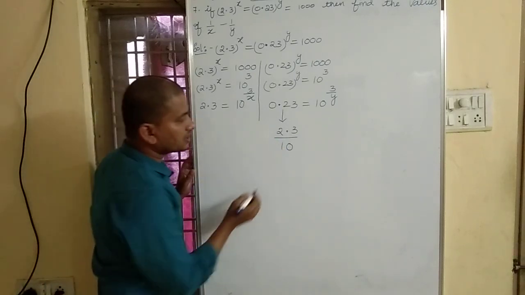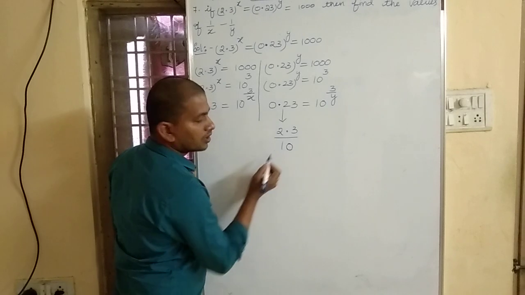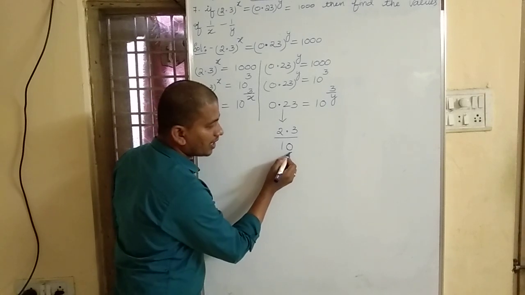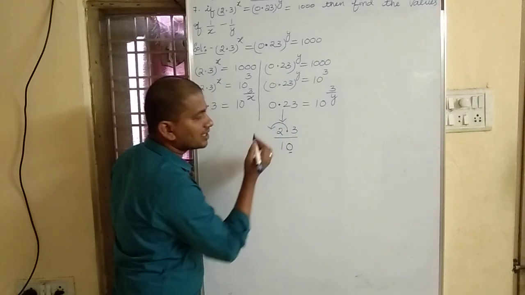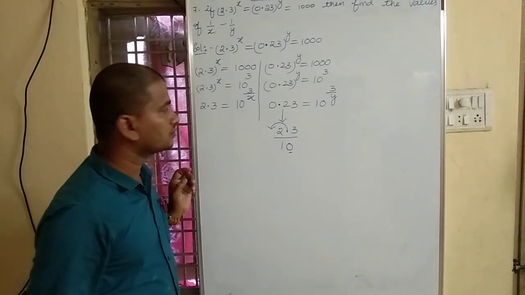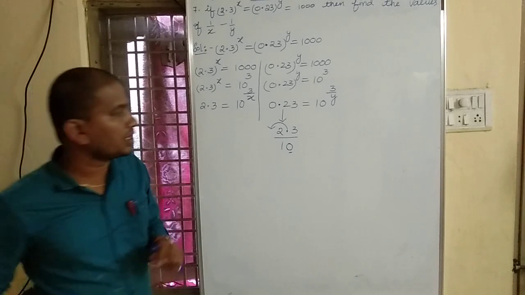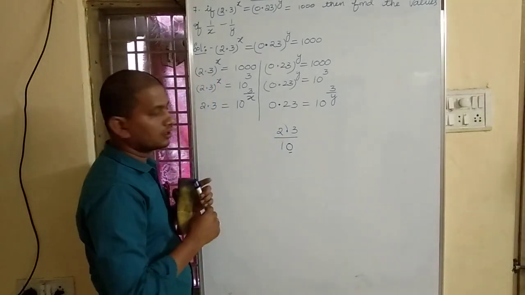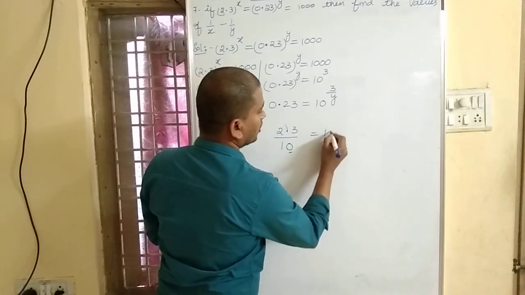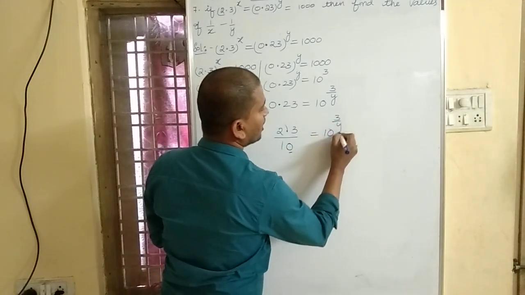Because when we are dividing by 10, we have 1 and 0, the decimal point shifts towards the left-hand side by 1 digit. So 0.23 we can write as 2.3 by 10, which is equal to 10 to the power 3 by y.